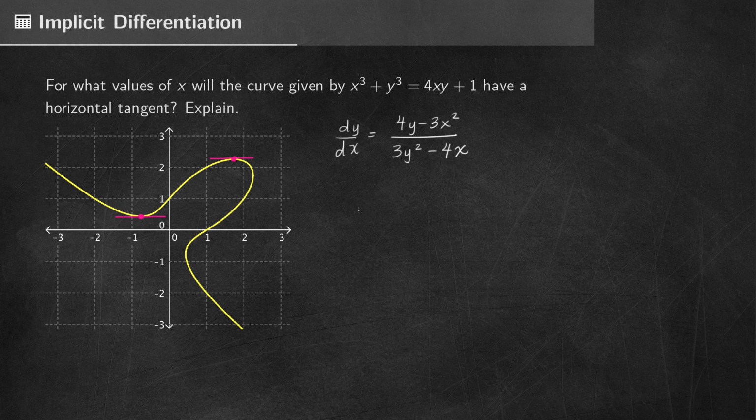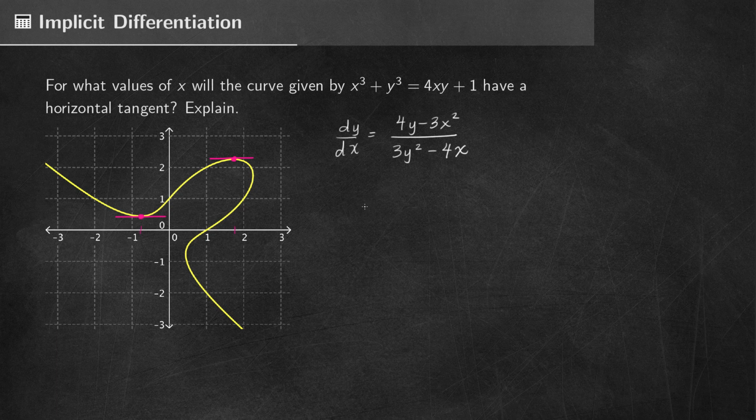If I had to guess, I would say that's about negative 0.8 or so, and then positive 1.7. But let's see if we can find a more accurate answer than that.